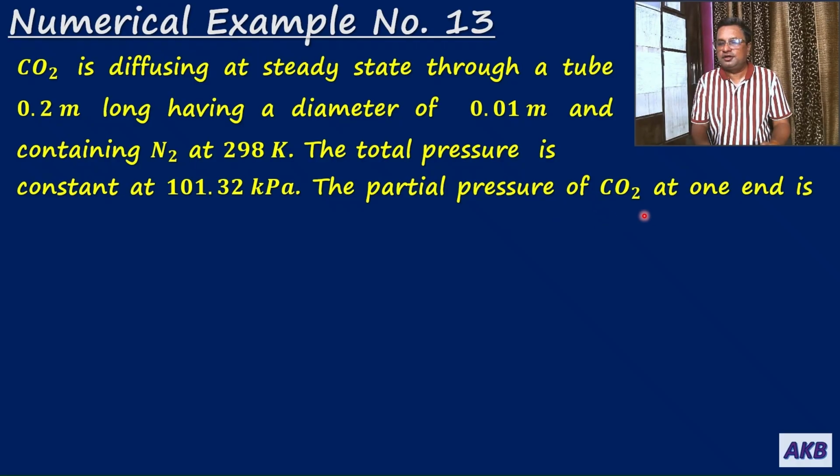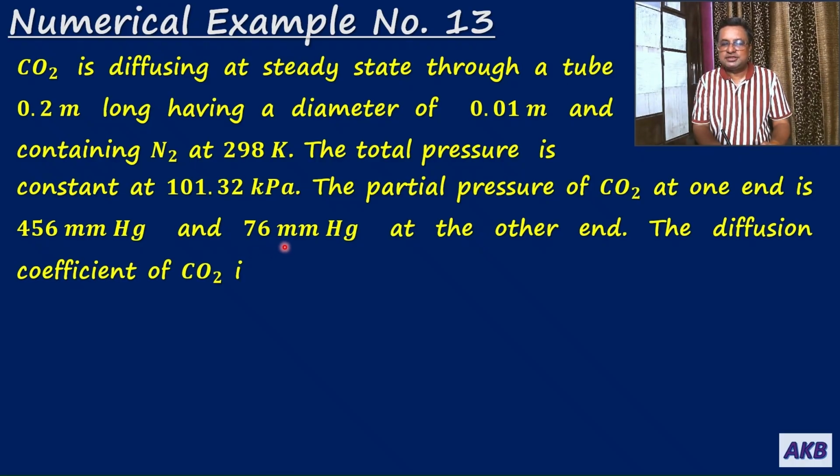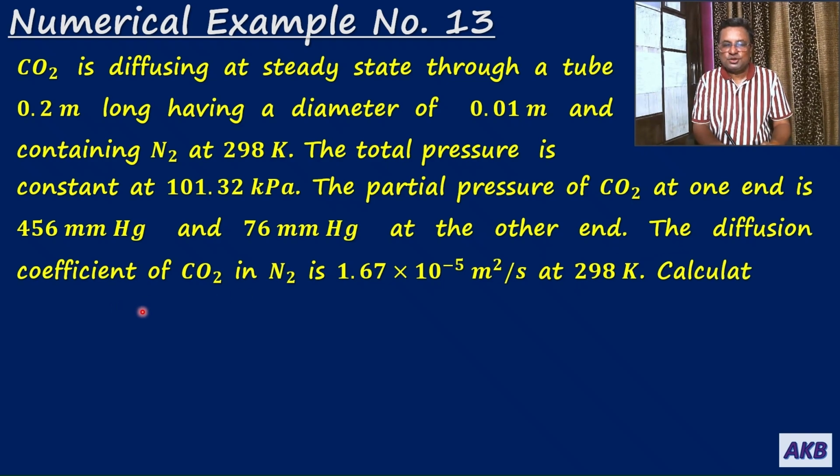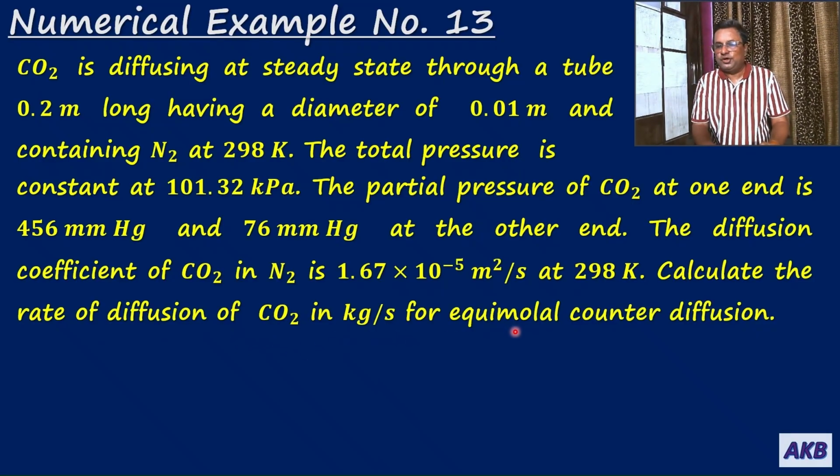The partial pressure of CO2 at one end is 456 millimeter of mercury and 7.76 mm of mercury at the other end. The diffusion coefficient of CO2 in N2 is 1.67 × 10^-5 meter square per second at 298 Kelvin. Calculate the rate of diffusion of CO2 in kg per second for equimolal counter diffusion.